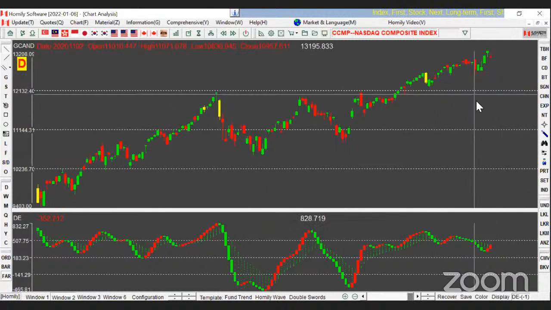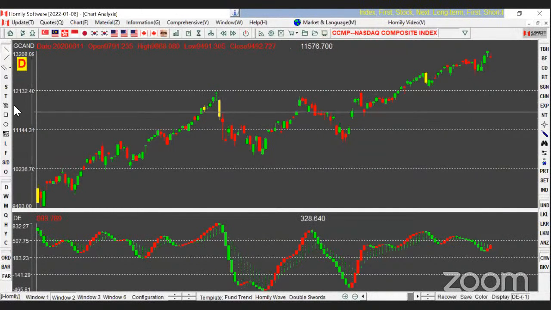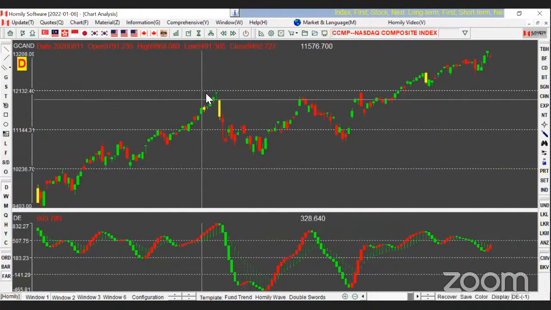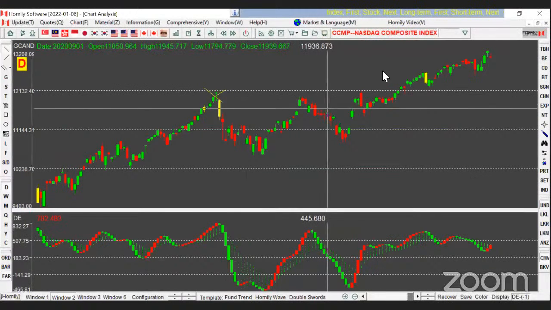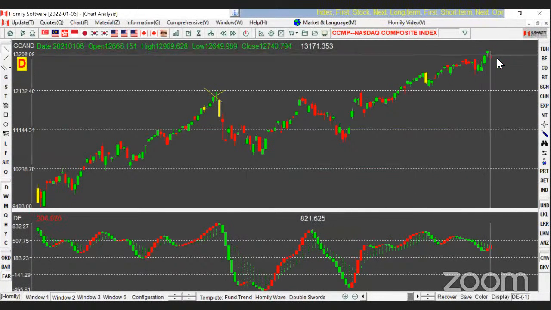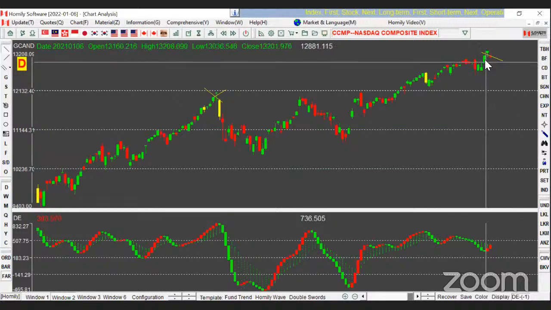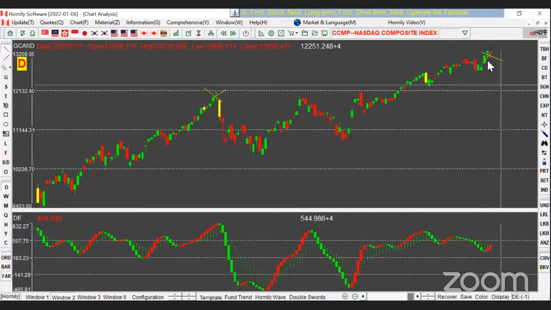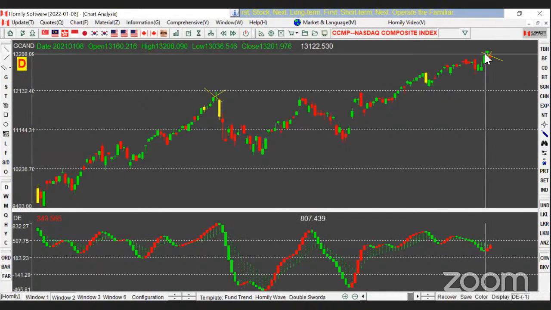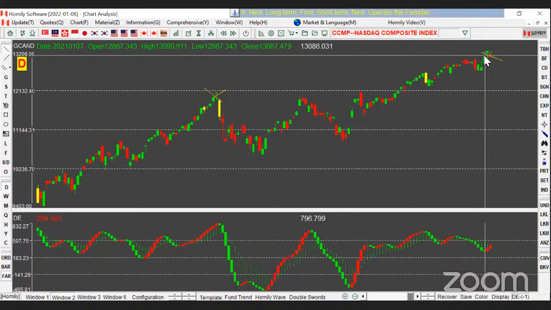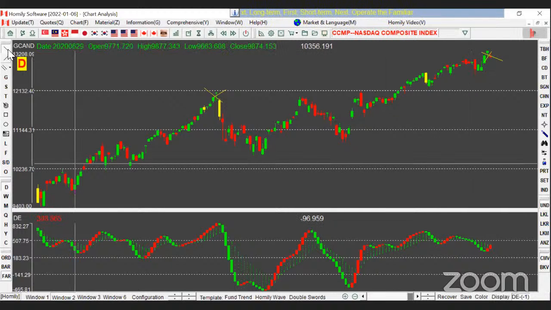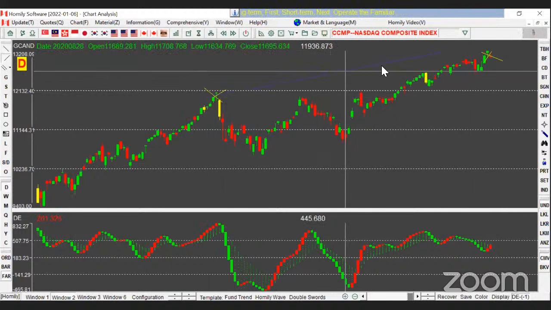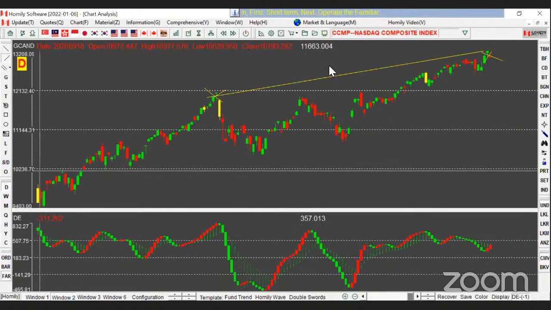For NASDAQ first, you can see very clearly this is the previous high and this is the current one, not yet sure if it is a high point. We don't know for sure that the price would correct in the near future to give us a high point, but obviously the high point is becoming higher and higher.